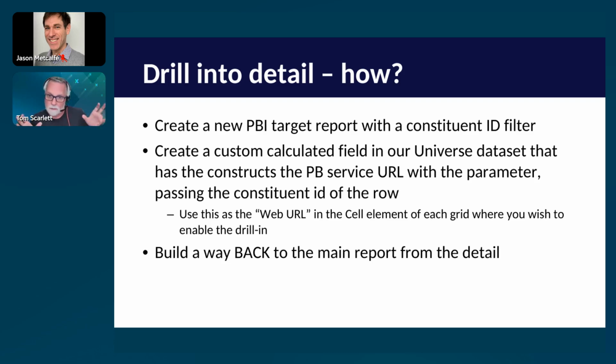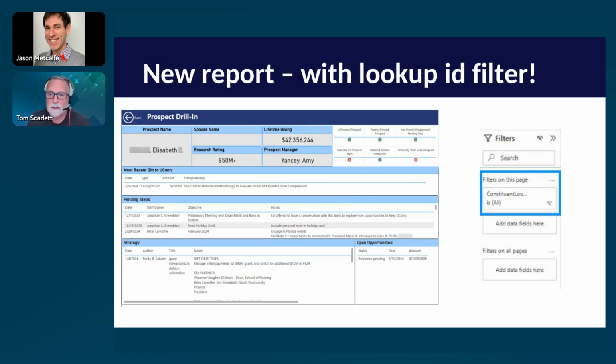Then in our dashboard that we've been looking at, the ones I've been showing you screenshots of, we added a calculated or computed field in our data set that constructs the URL of this drill down dashboard. And then it pipes in a parameter depending on what row somebody clicked on. And then lastly, we had to build a way to get back to the main dashboard from this drill down. So I'll show you what that looks like.